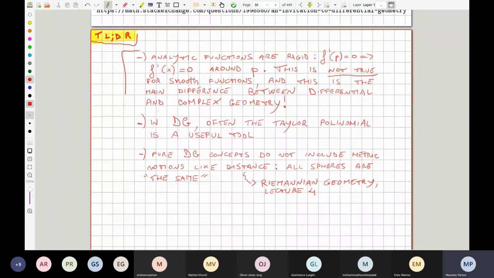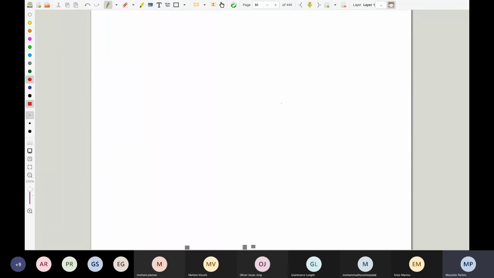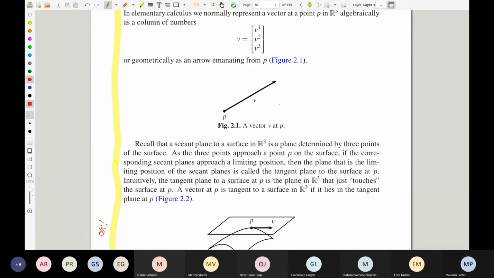So you can use this as a self-assessment, for instance, just to check if you got whatever was meant to be gotten from the chapter.